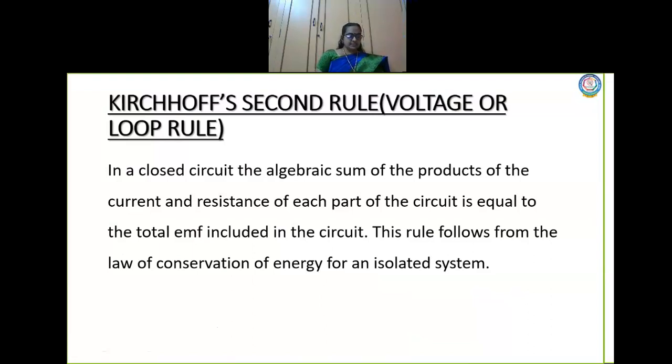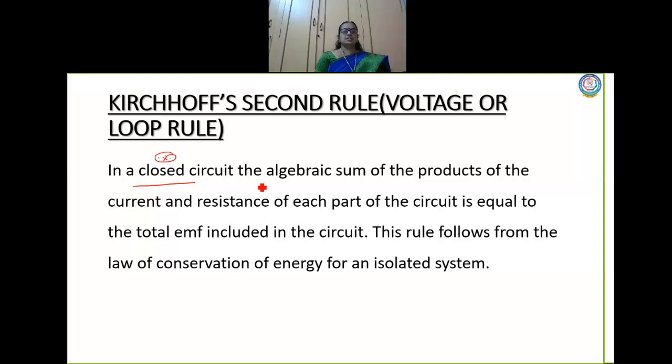The algebraic sum of the product of current and resistance. So, current and resistance is I into R. Now here the circuit should be a closed circuit. Whenever we discuss the voltage law, you should take a closed circuit, which is very, very important. A closed loop, we'll say.